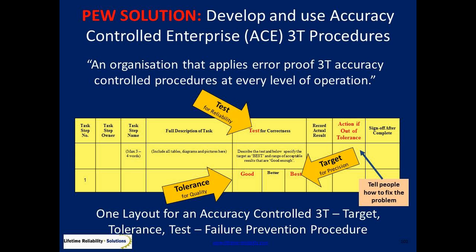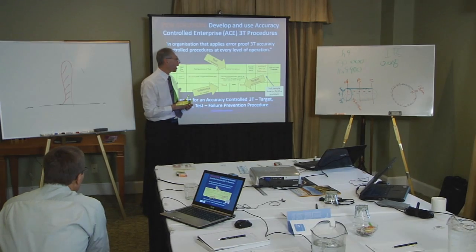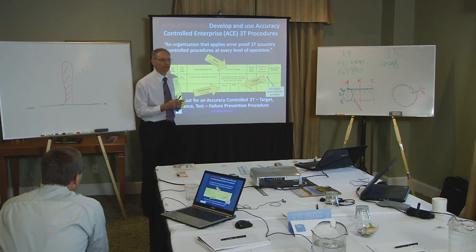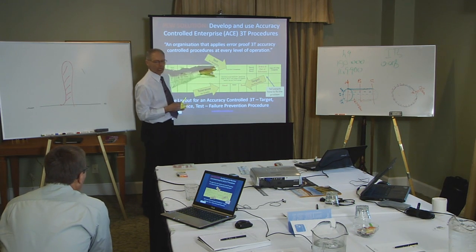So I'm going to have a tolerance, which I call good, and the target I call the best, and in between is the better. So I go from good to better to best, and typically better is a stretch target. It isn't as good as the best, it's in between. Typically halfway would be a place to start, but it wouldn't have to be halfway. And of course the test, I must have a proof test. The proof test is vital to bring reliability.